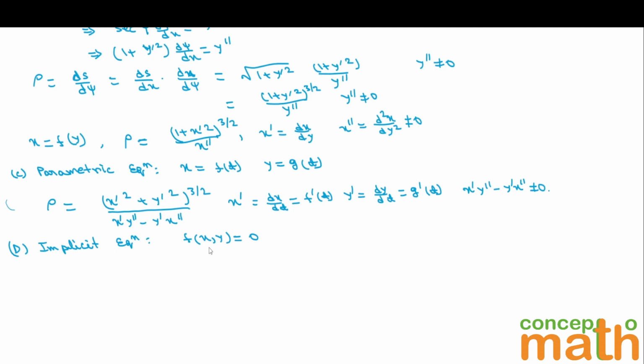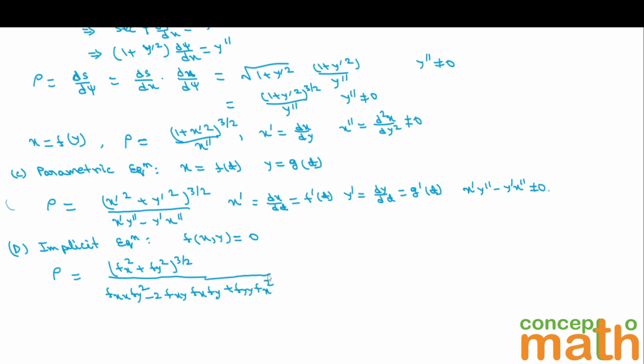So in this kind of case, the expression of radius of curvature rho will be (fx square plus fy square) whole to the power 3 by 2 divided by fxx fy square minus 2 fxy fx fy plus fyy fx square.